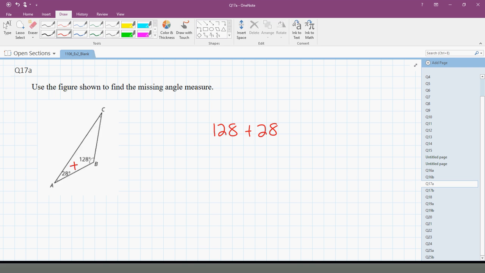Say it again. It's not 90, because that's not going to make any sense. This number is already bigger than 90. But there is a subtraction, I'll give you that. 180. Because remember, all angles inside a triangle must add up to 180. So yeah, add those two angles together and then take 180 minus that angle.